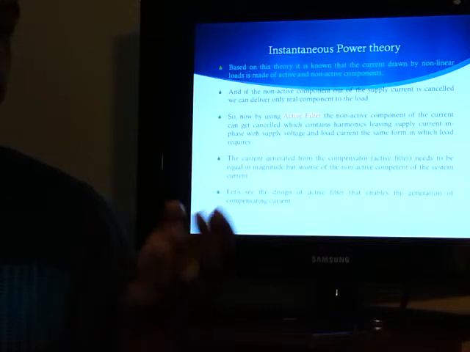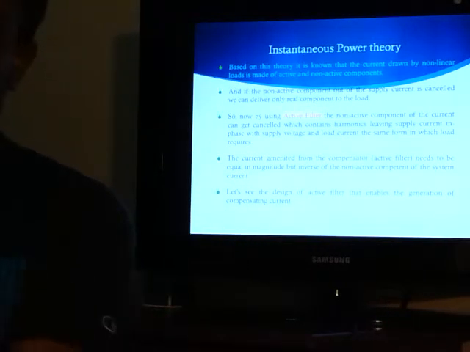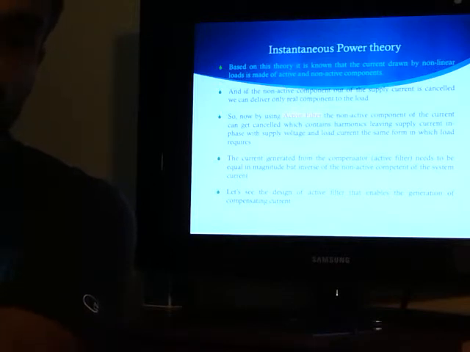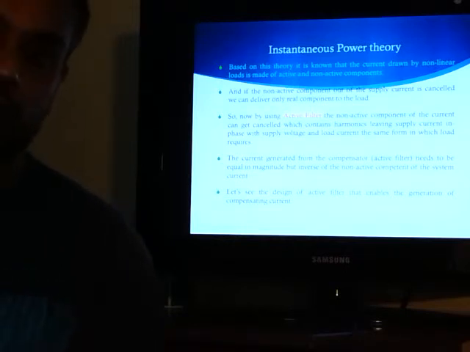Hence, to remove those non-active components, we use the shunt active filter. The active filter generates the non-active component of the current.